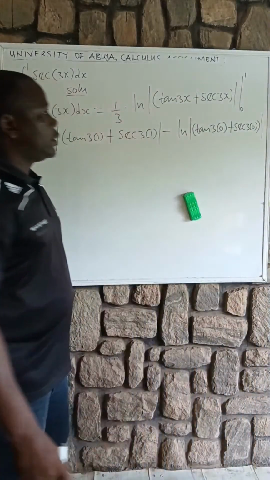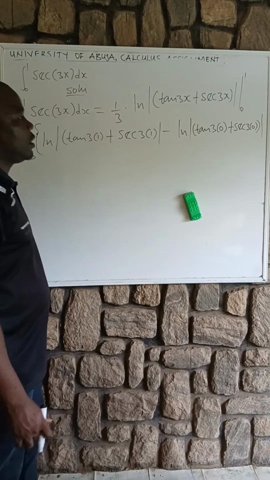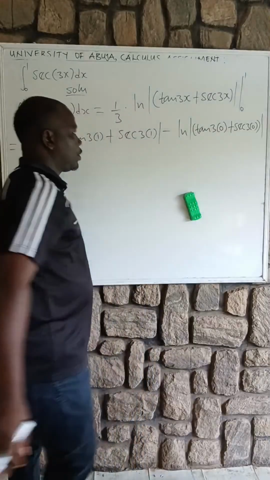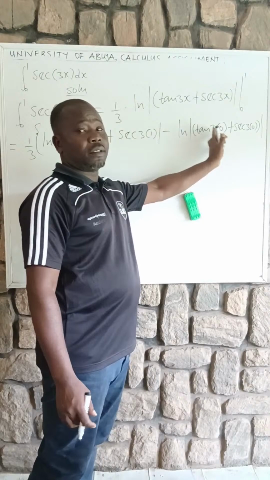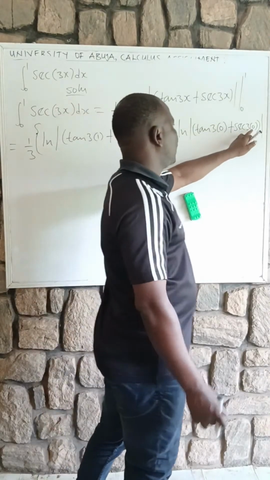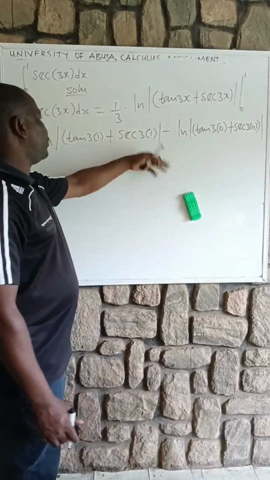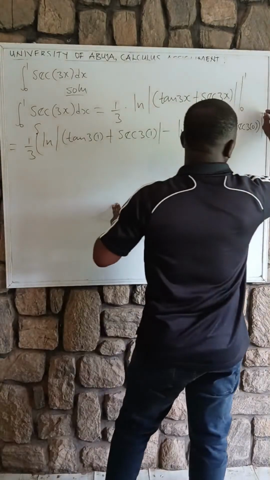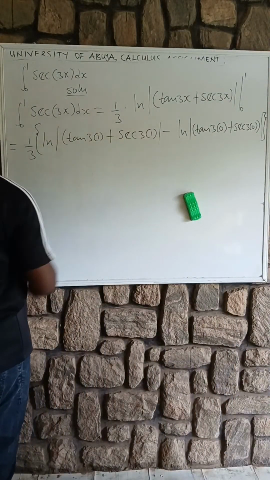This is how you are going to evaluate this limit. But mind you, the lower part will be 0, true or false? Because 0 times 3 is 0, tan 0 is 0, sec 0 is 1. So we will be left with this.